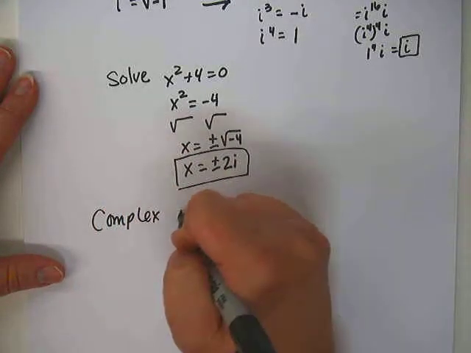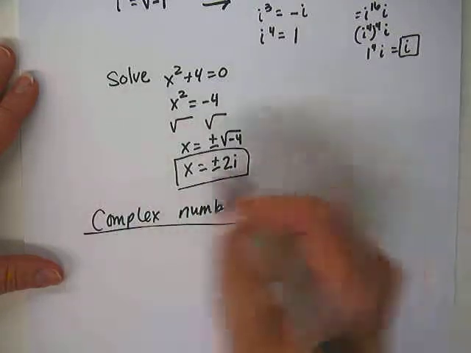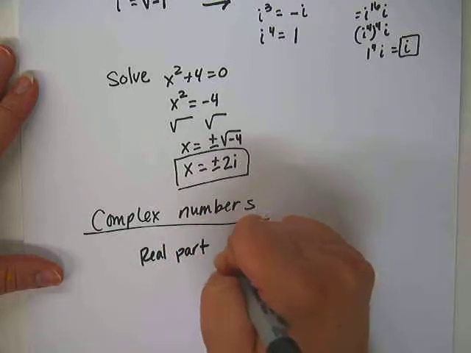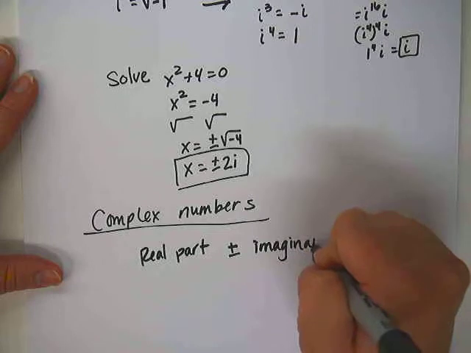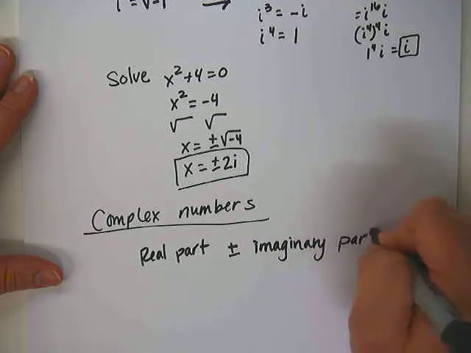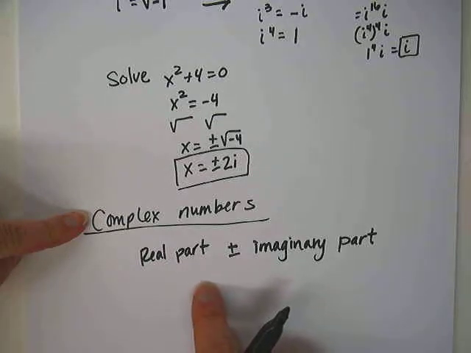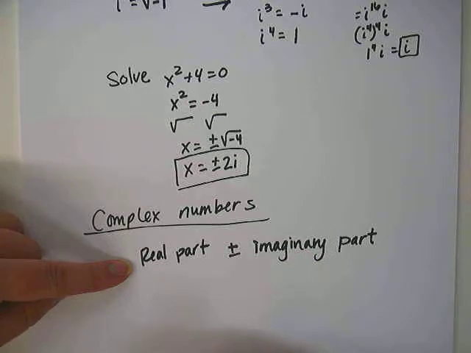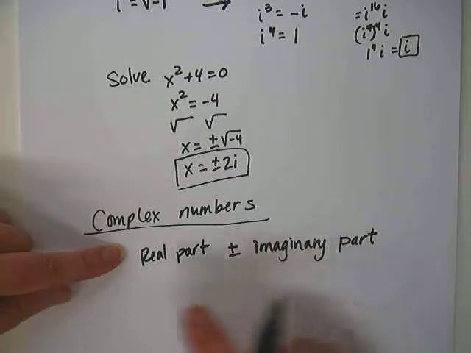Okay, complex numbers are written in two parts. You have your real part, and you have your imaginary part. So if you actually have a real number, that still is considered a complex number, because a real number would just have a real part plus 0 imaginary part.